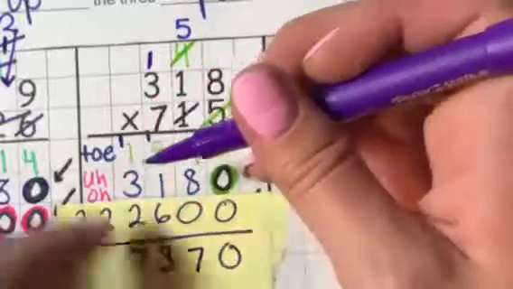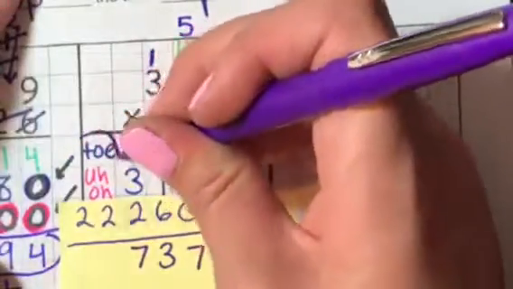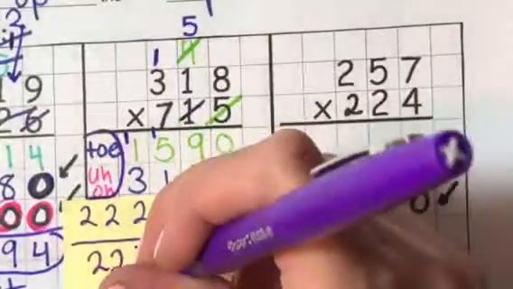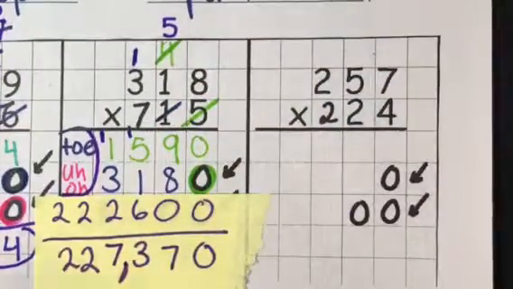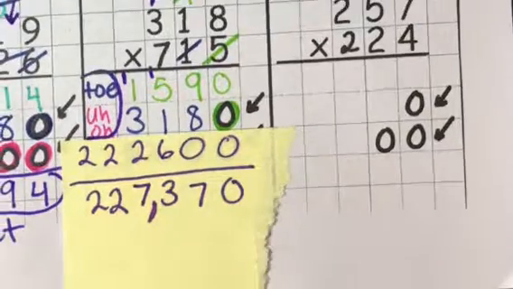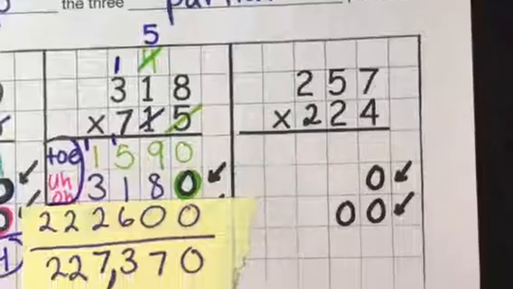And then 22, these are from my earlier problem, so I'm going to put a circle here to not confuse myself. So then it's just this. And there's my answer. 227,370 is my product.